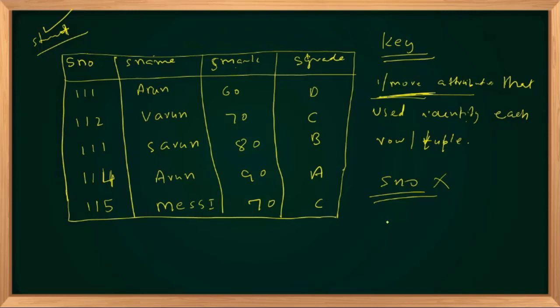Because if you call student number 111, then two students come forward: Arun comes, and Sarun also comes. So student number is not a key, because a key is one or more attributes used to identify each tuple uniquely.